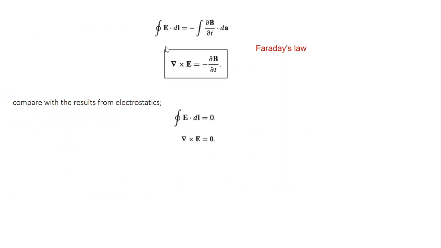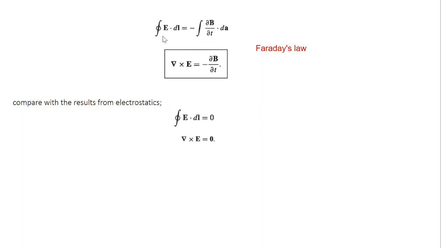Now, flux can be written as the integral of B dot dA. So the closed integral of E dot dl equals minus the integral of ∂B/∂t dA. This is the integral version of Faraday's law. Now I have a line integral on the left side and a surface integral on the right side.